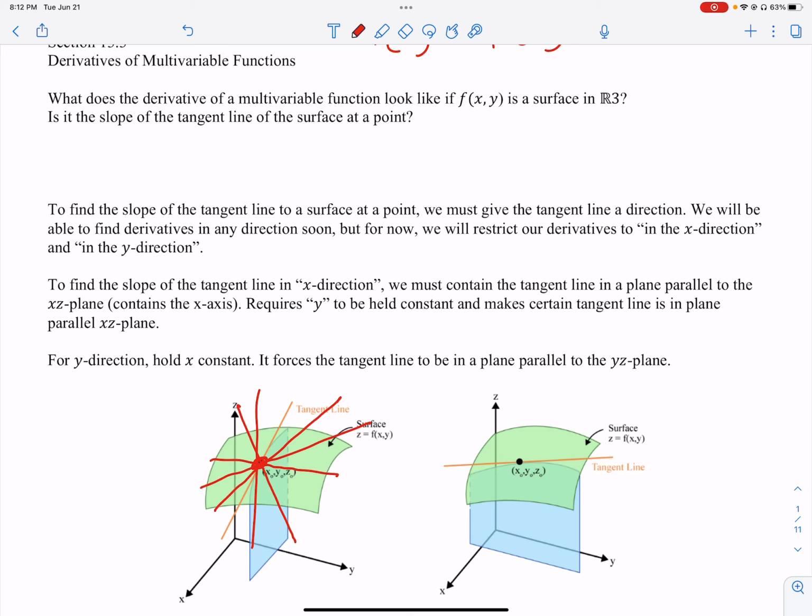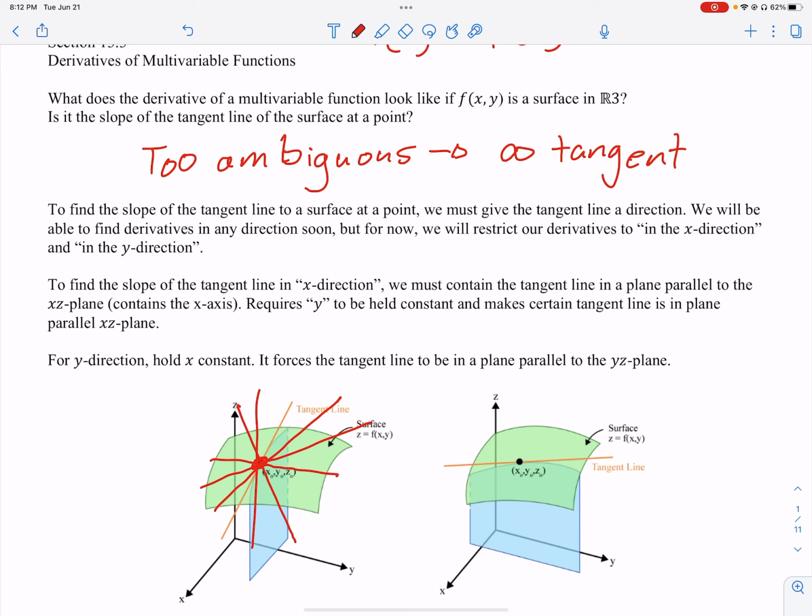We don't know, right? It could be, it's too ambiguous. The reason being is because we have an infinite number of tangents, right? We can fit on that plane, that picture I showed you, all those tangents will fit on there in any direction. We could just turn the tangent line any way we want.